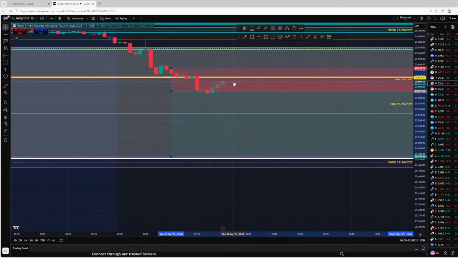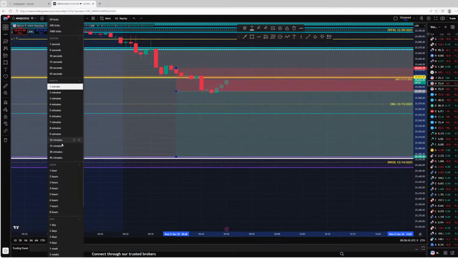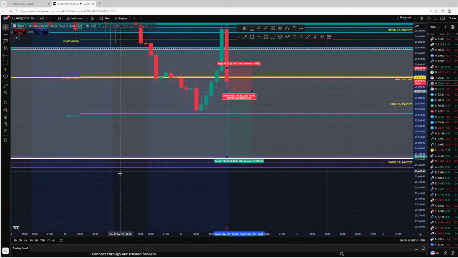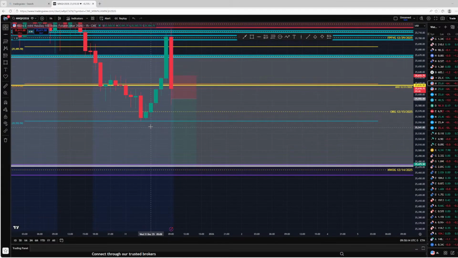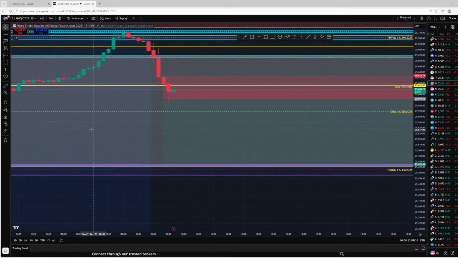Let me check the hourly one more time, because yeah, we should be continuing lower. Let me look at the 5 minute. Yeah, that could have been a bounce right there to get into this sell.